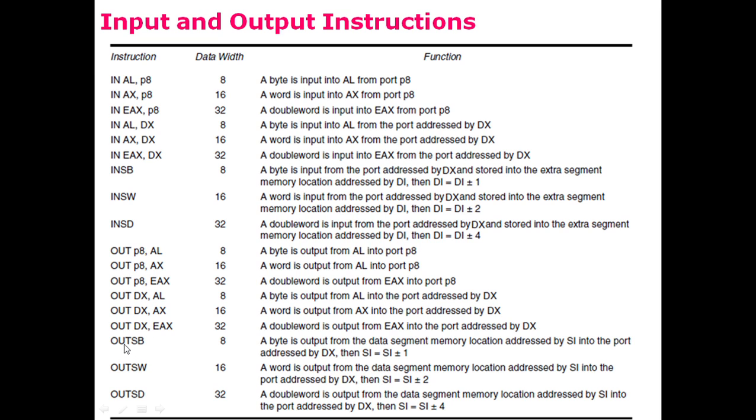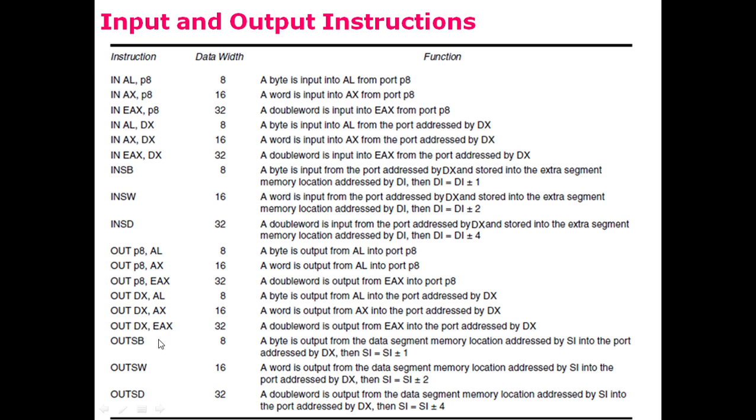So this instruction is sending data outside to the input and output device. So this instruction is sending a single byte of data, and obviously the source is the memory segment, that is normally the data segment. So this instruction is sending 1 byte of string data from the data segment memory location addressed by source index register, and this single byte of data is sent to the input and output device with port address stored in the DX register.